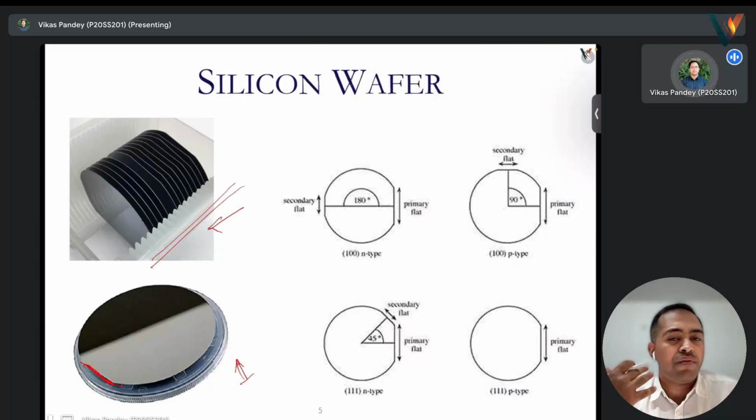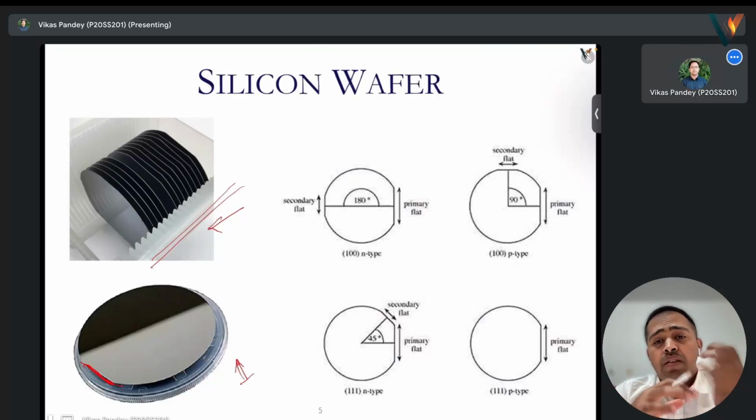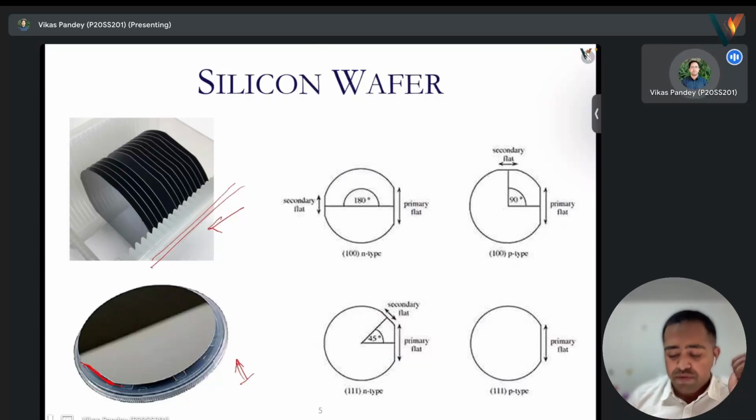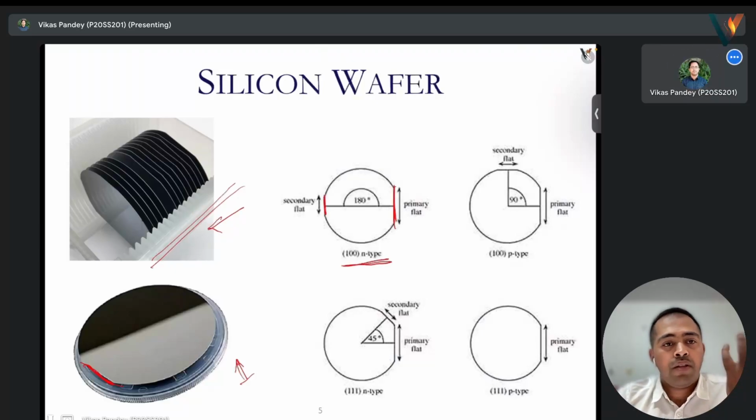If you are from an engineering background, you must be aware of what an n-type semiconductor and a p-type semiconductor are, and what the 100 plane and 111 plane are. If we have a wafer that has a big cut on one side, and opposite to that a small secondary cut, then it is a 100 plane n-type semiconductor.